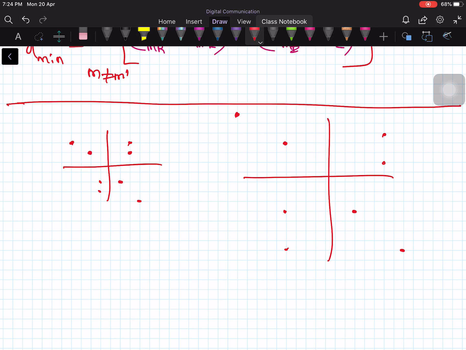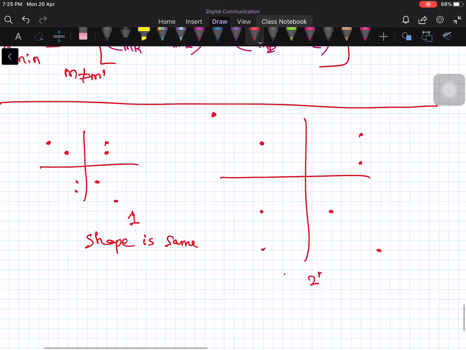Now see, this is the smallest one and this is the biggest one. The shape is the same in both figures, but the d min is different, right? I can have 2 signal constellations. See, this is constellation 1 and this is the second signal constellation. The shape is the same.